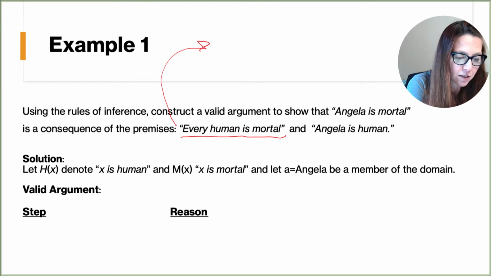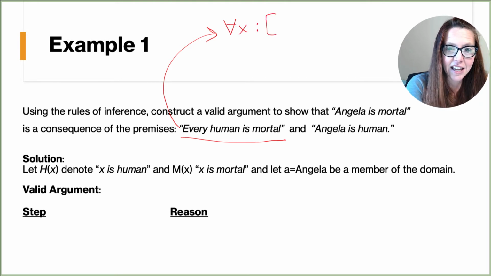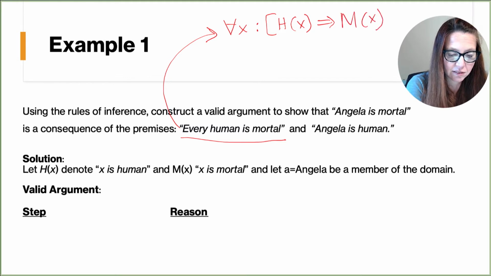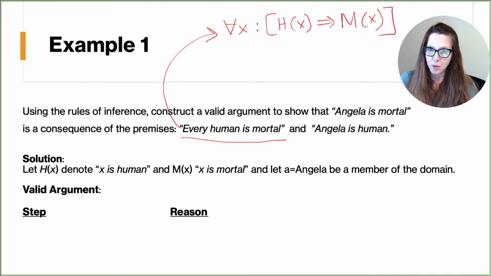And this says for all x, if x is human, then x is mortal. And that's a quantified predicate statement that we can create.